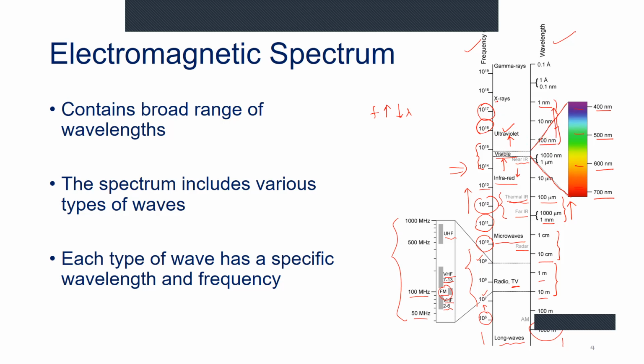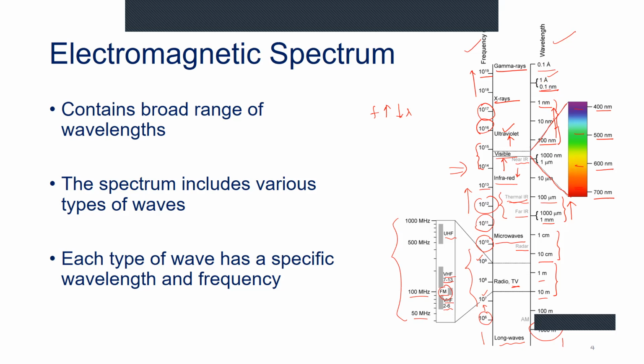Finally, we have X-rays and gamma rays. We have seen that before. Again, the frequency is extremely high, 10 to the power 19, and the wavelength is 0.1 nanometer to 1 angstrom. Remember, 1 angstrom is 0.1 nanometer.